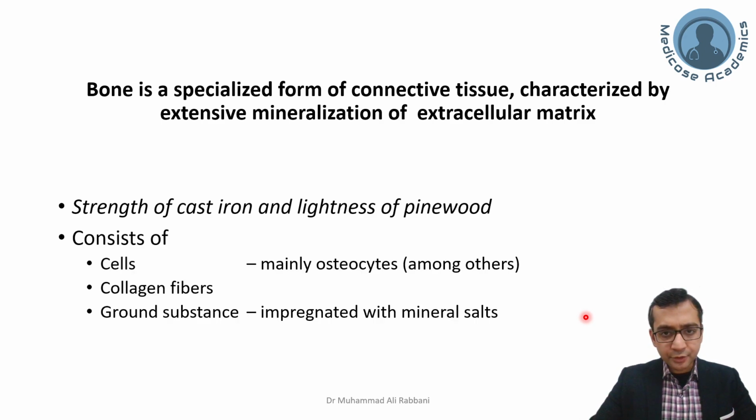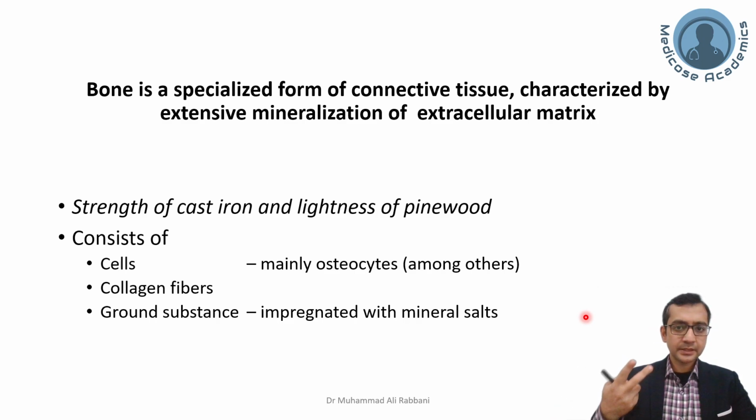Like any other connective tissue, it consists of three components: cells, fibers, and ground substance. The three majorly associated cells are osteoblasts, bone forming cells; osteoclasts, bone dissolving cells; and osteocytes, the cells that are resident in the bone.